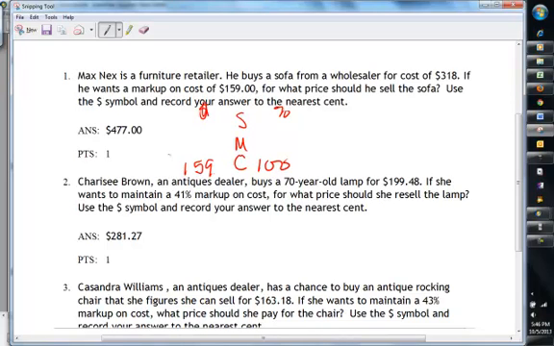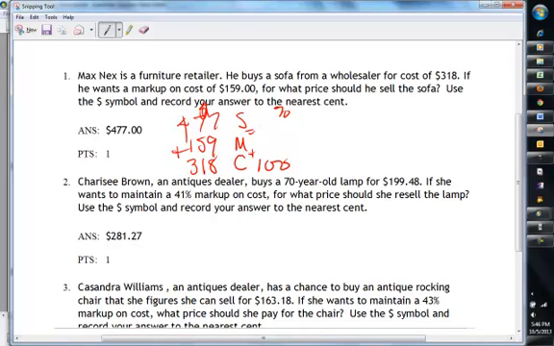I'm sorry, he wants the markup to be $159. So the cost is $318. 318 plus 159 is 477. So add these two together because cost plus markup equals selling price.